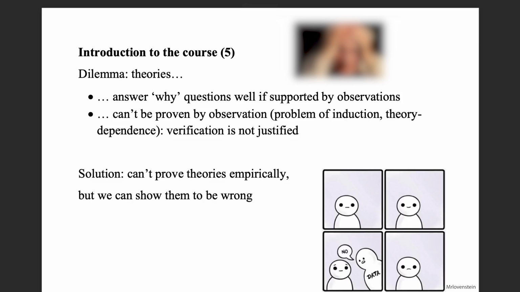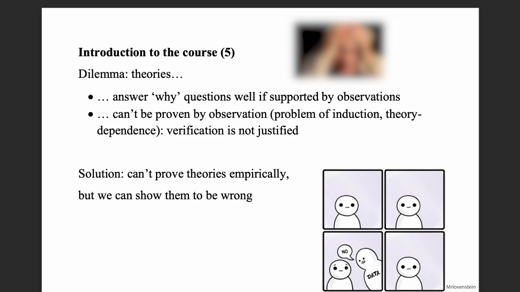However, there is a solution to that, and that is, even though we can't prove theories empirically, we can show empirically that they are wrong. By looking at, well, if our theory is true, then we should see some things in the observations that we have. Then we should be able to make certain observations. Again, this example: if my theory says that economic development leads to democratic development, then if we find that countries that are economically super developed are all not very democratic, then we are able to show that this theory is somehow wrong.